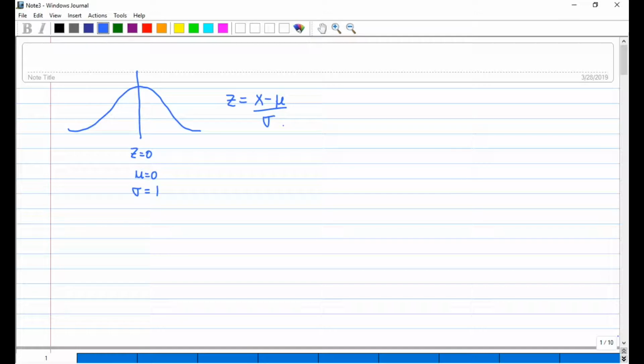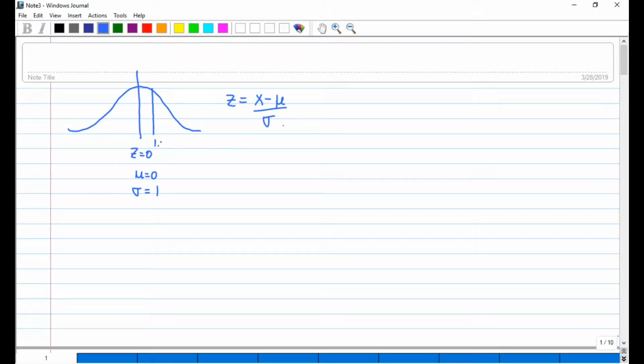And then the areas, or the numbers inside of the table, correspond to the area under the curve from left to right. Okay? So, for example, if we had a z of 1.00, that will be to the right here of the middle, because the middle is 0.